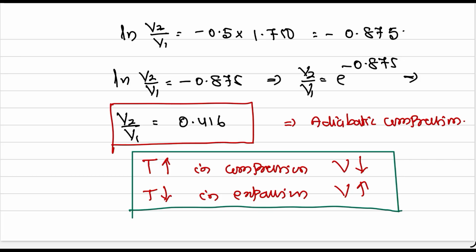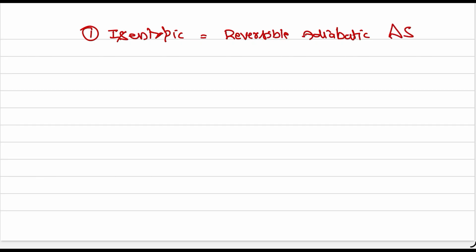That means in this question we have cleared many concepts. One is, we have utilized the process isentropic, which is reversible adiabatic. From that we have derived that delta S total is equal to 0. From that we got the equations.